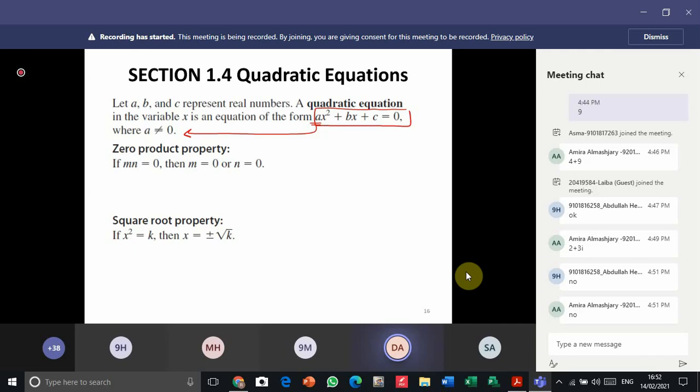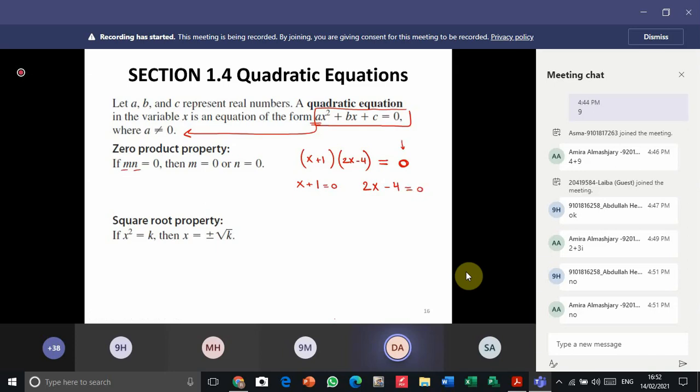Now if we have two brackets equal to 0, for example x plus 1 and 2x minus 4, multiplied together and the answer equals 0, then maybe the first bracket equals 0 or the second bracket equals 0.